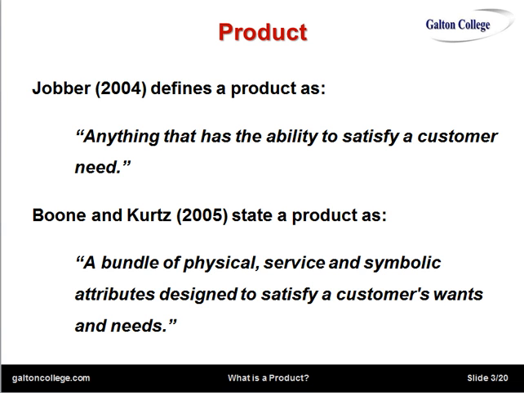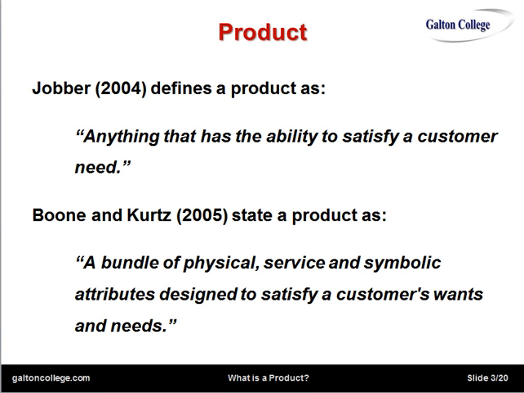As to whether the customer was able and willing to pay a higher price is a different issue. So I think that needs to be amended slightly. Anything that has the ability to satisfy a customer need at a profit is a product. If it's not at a profit, it will not be offered.